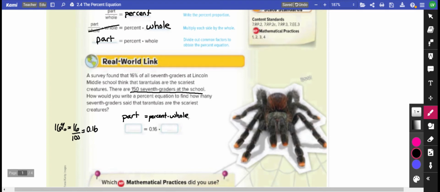So if 150 is the whole, I'm going to multiply this times 150. So I'm going to take 16/100 and multiply it by 150. And that's going to give me the answer of 24. So how many 7th graders said the tarantulas are the scariest creatures? 24 students. Or, I'm sorry, 24 7th graders.